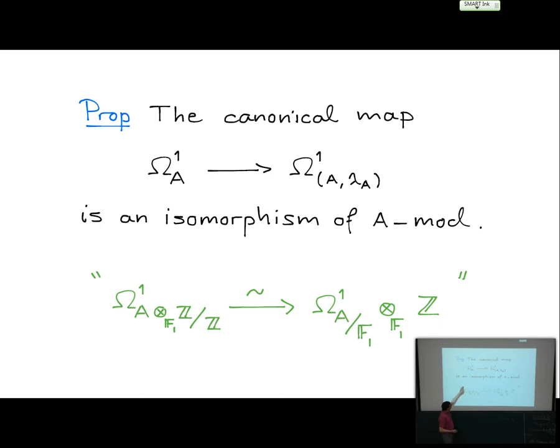So on this side here, we take the F1 algebra and extend scalars up to C, and then take differentials relative to C. And on this side here, we take differentials relative to F1 and then tensor up to C. So if this was rings, this would hold. And so you just repeat the proof in an appropriate way, and then it works in this case too.